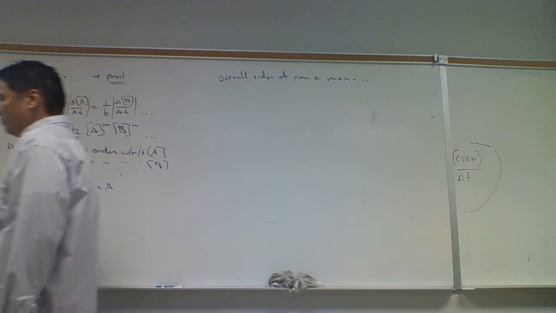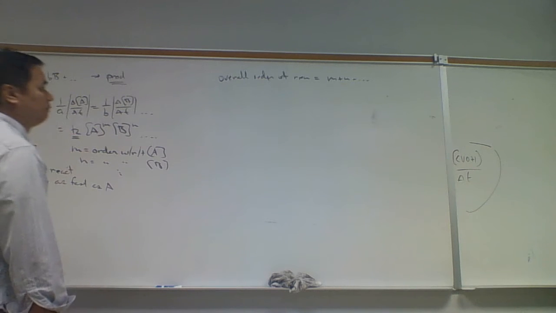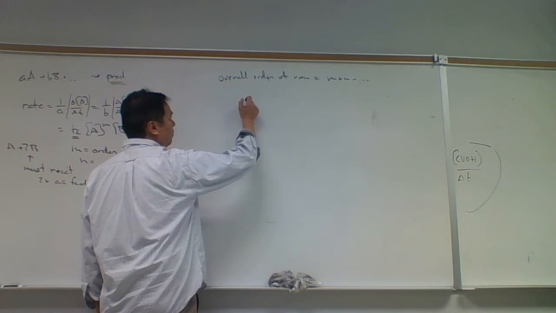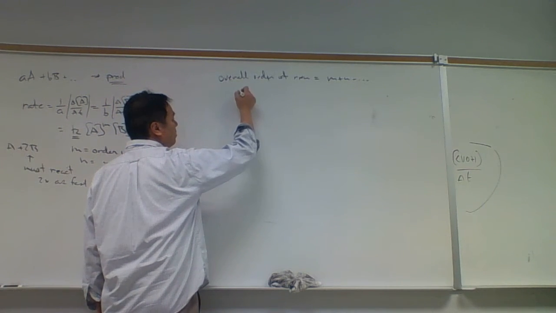Now, where do we get m and n? How are these determined?